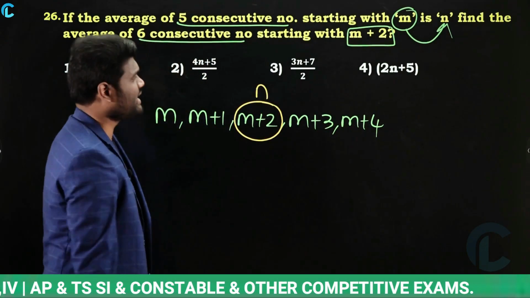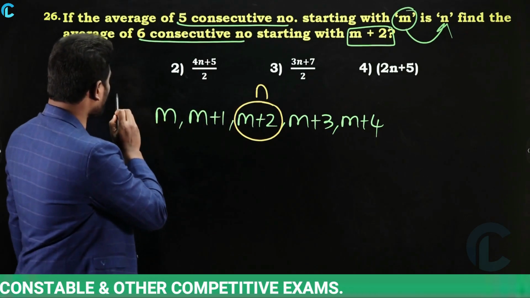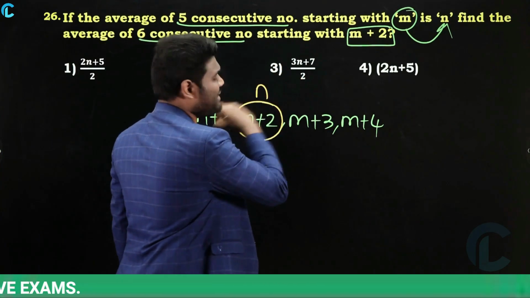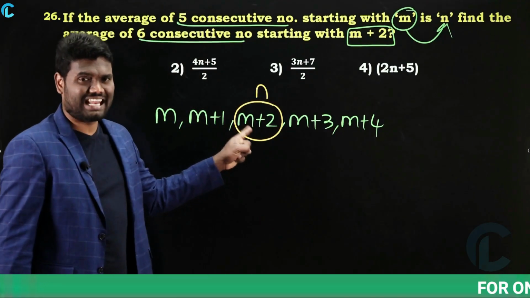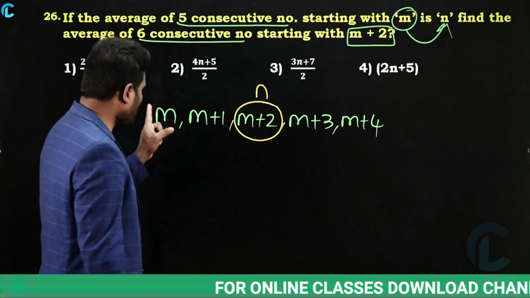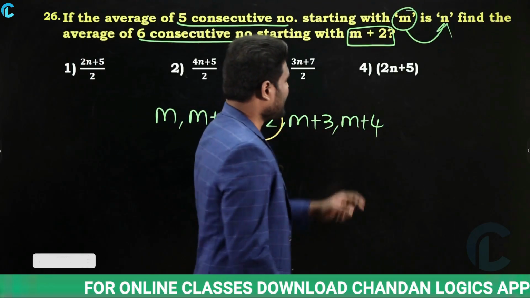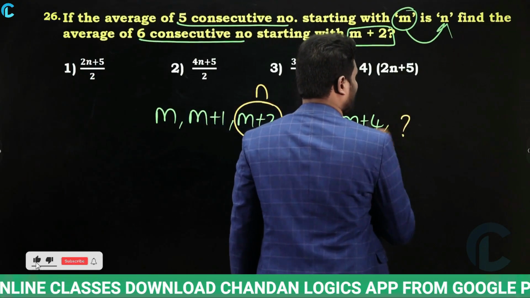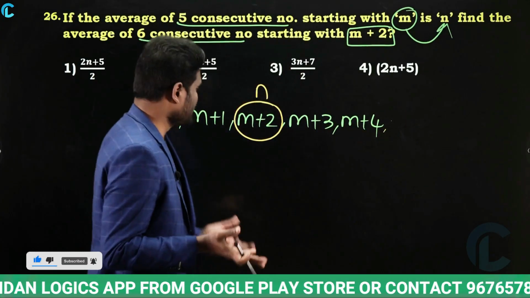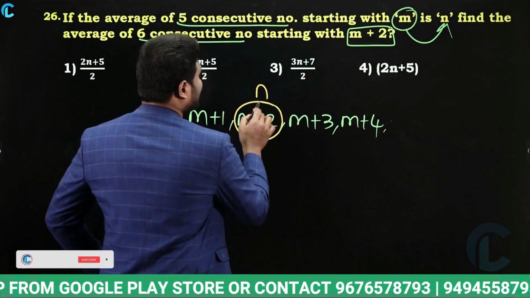Now the question says find the average of 6 consecutive numbers starting with m plus 2. This is m plus 2. Now I need 6 numbers. Look here: 1, 2, 3, 4, 5. The 6th number means this number is also included, and for this I need to find the average.